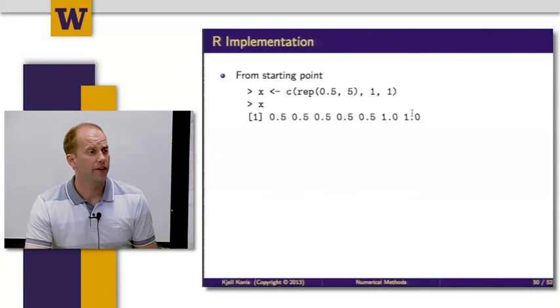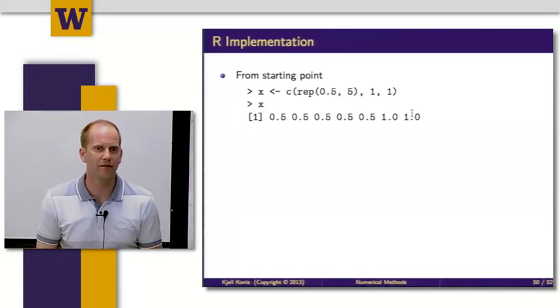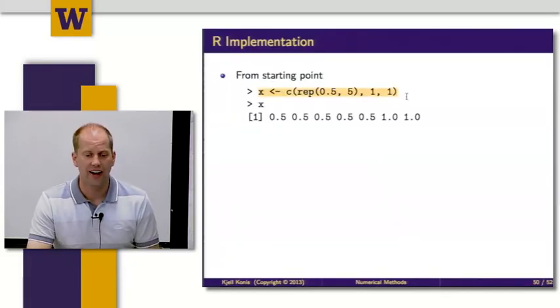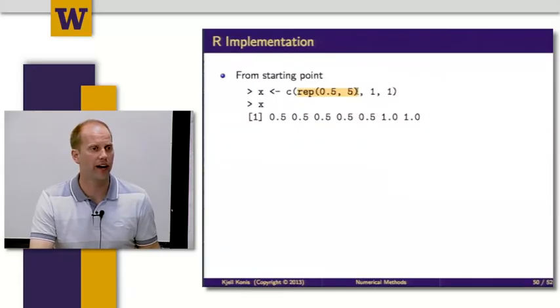So the bulk of the work was getting these two functions to compute the gradient and the function. But once I've done that, I can just assign myself a starting point. I'm going to use 1/2 repeated 5 times, so this is going to make a vector 1/2, 1/2, 1/2, 1/2, 1/2. Then I'm going to put a 1 and a 1 at the end of it.